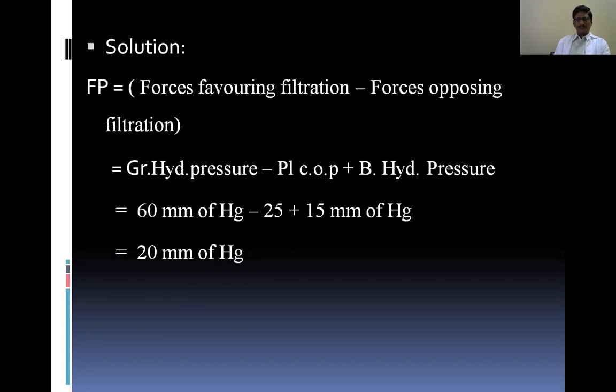Of course, in this case, the value is becoming 20 mm of mercury, but normally it will be around 10 mm of mercury. The glomerular hydrostatic pressure will be around 60, the same value, whereas the Bowman's capsular hydrostatic pressure will be around 18, and the plasma colloidal osmotic pressure will be around 32 or so. So put together it will become 60 minus 50, almost 10 mm of mercury, which is the effective filtration pressure in the human kidneys.